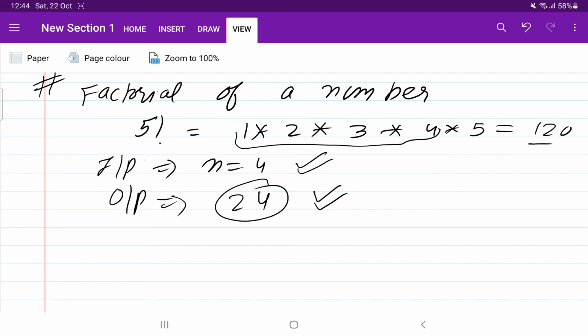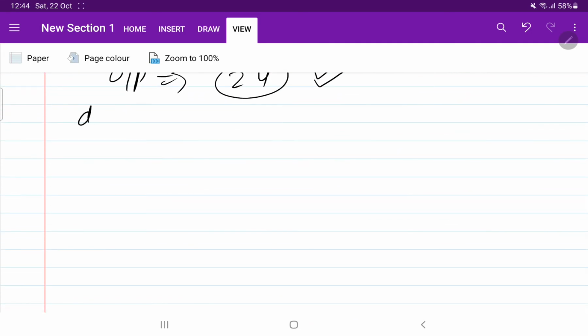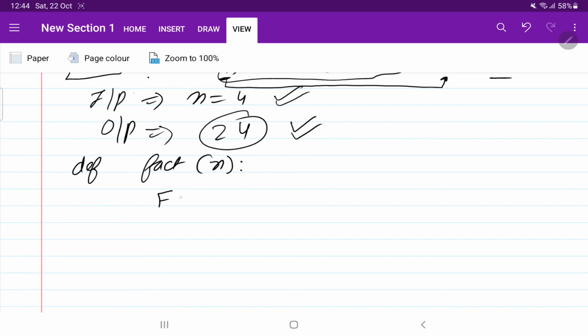Okay, so what is the approach that you can use? We will start from 1 and go until we reach the value n. Here the n value was 5 and we will multiply the terms. Yes, this is one of the approaches. So how do we write it? Define factorial that takes the input n, and here we define a variable f whose value will be 1 initially.